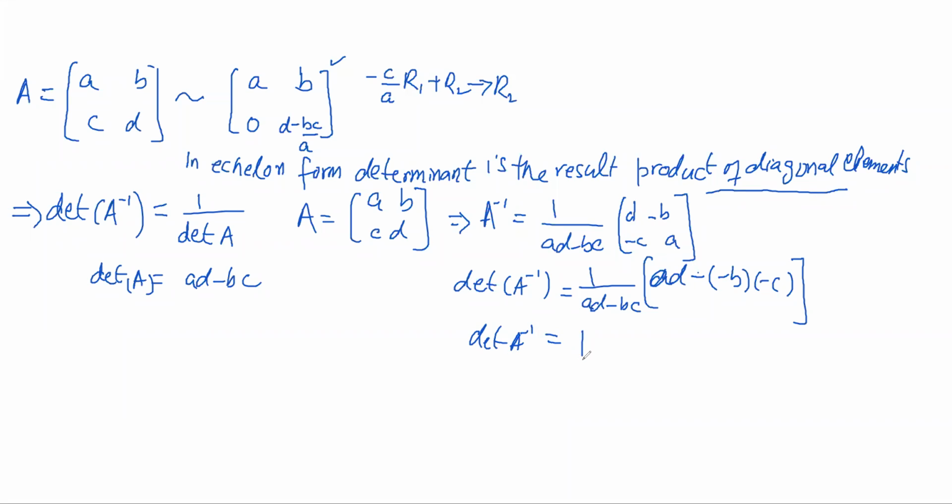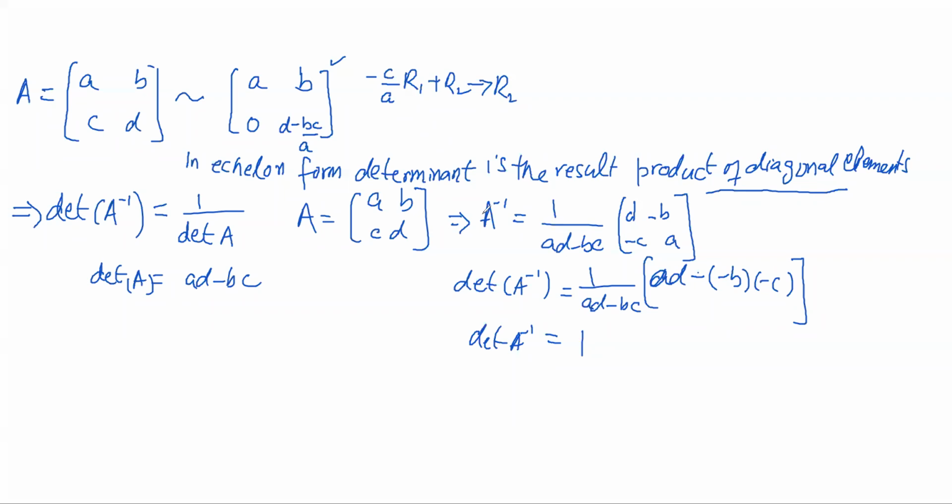Sorry, isn't just A inverse 1, not the determinant of A inverse? By the formula 1 over AD minus BC and the matrix that you wrote, it is A inverse.